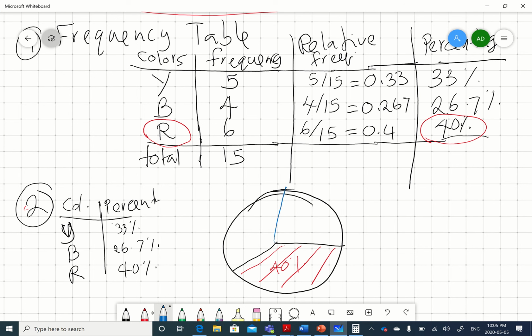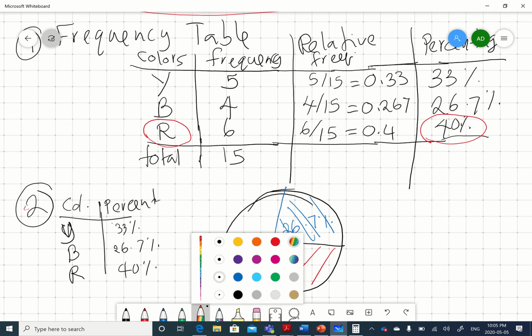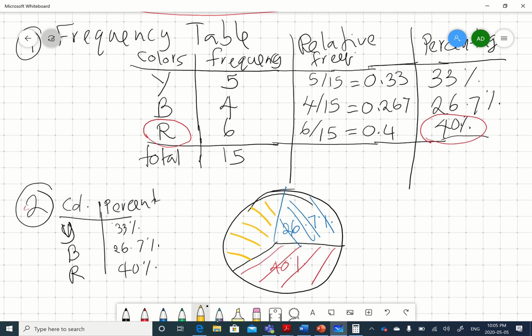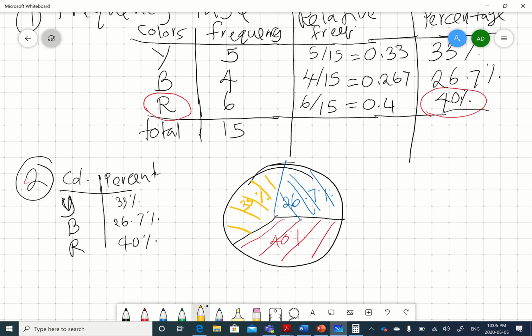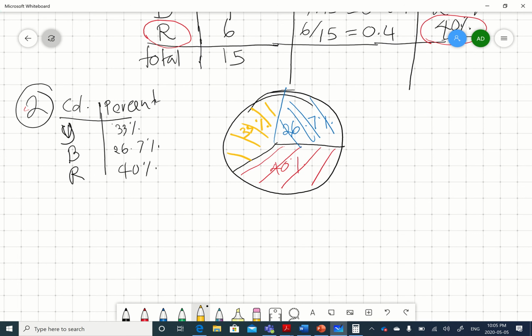So I'm just going to say this is blue, 26.7%, and then yellow here, 33%. So very simple. You can use just regular Excel if you want to draw a nice pie chart, and I will show you that in a minute after we talk about the other one.